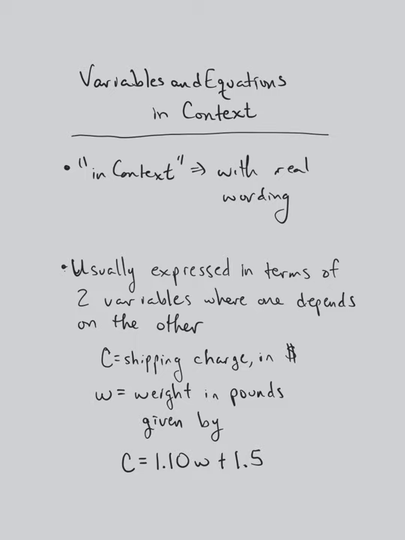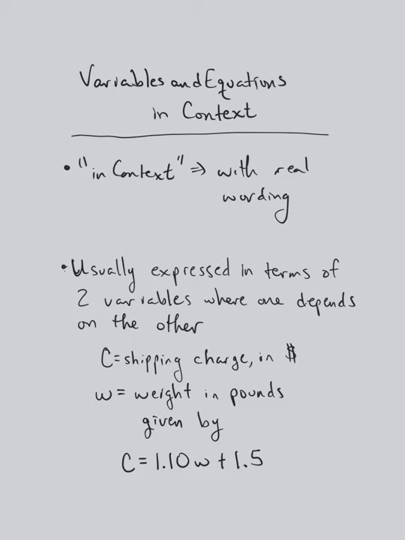What that's telling you is that whenever you go to ship a package at this company, they determine the weight, W, and then to figure out how much they charge you, they multiply that weight by 1.10 and then add 1.5. That ends up giving them the charge.